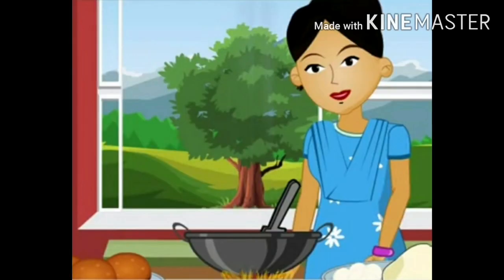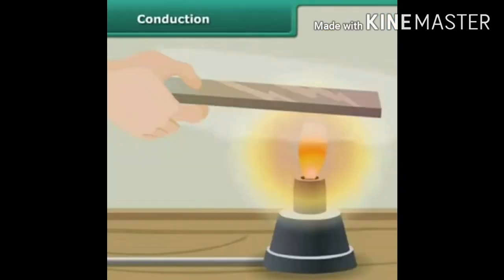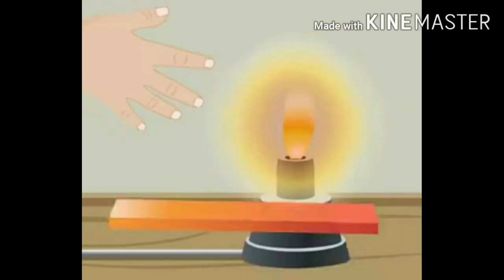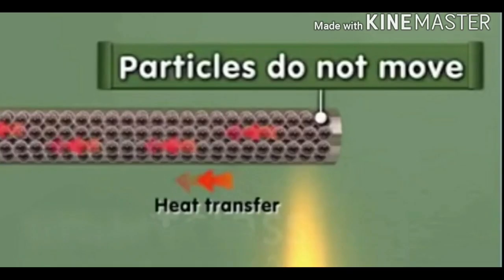If we heat one end of a metal spoon by keeping it over a gas burner, we find that its other end also becomes hot after a while. In this case, heat is transferred from the hot end of the metal spoon to its cold end.